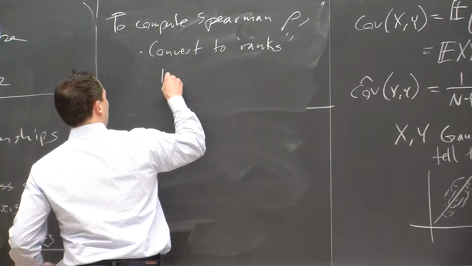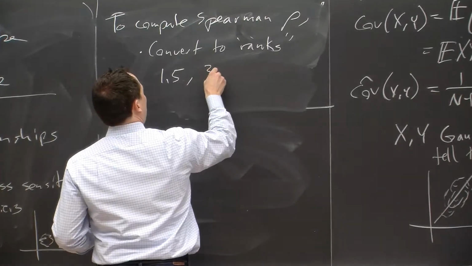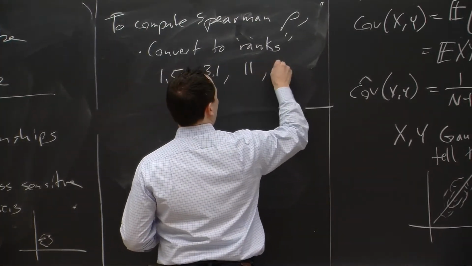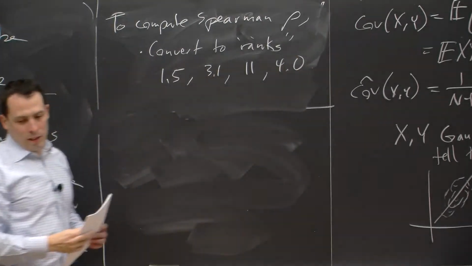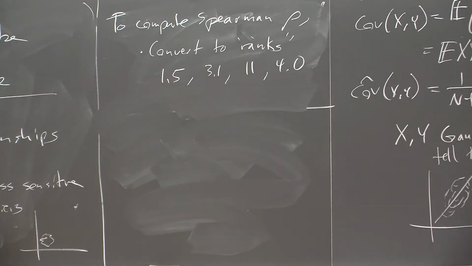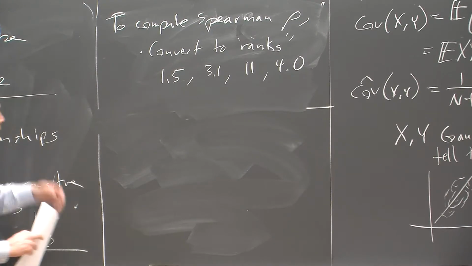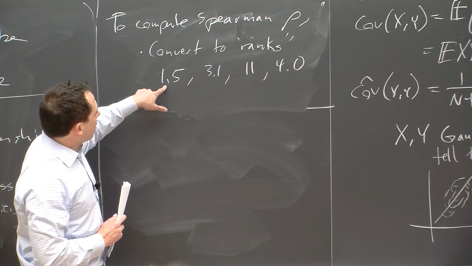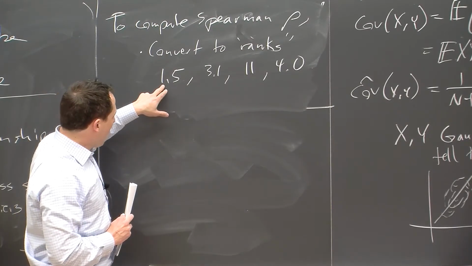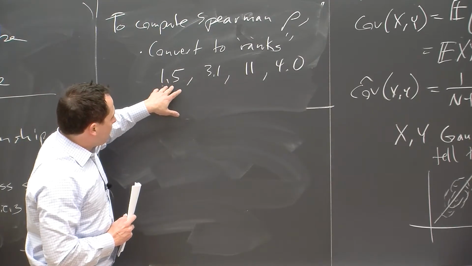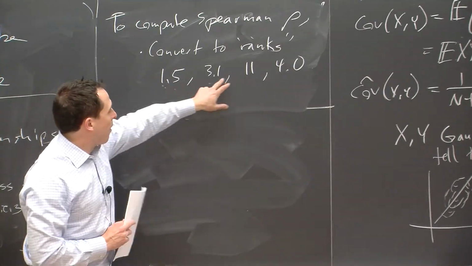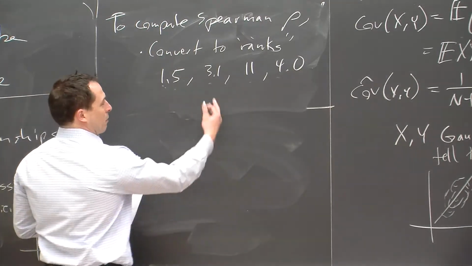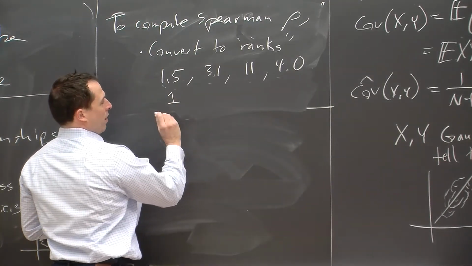Suppose I have some data, 1.5, 3.1. For a second, let's think of our observations as being continuous, not chunked, not interval. So I measured, I don't know, cholesterol or some other level in the dependent or independent variable, and I get just real numbers: 1.5, 3.1, 11, 4. To convert them to ranks, I code the smallest one as 1.